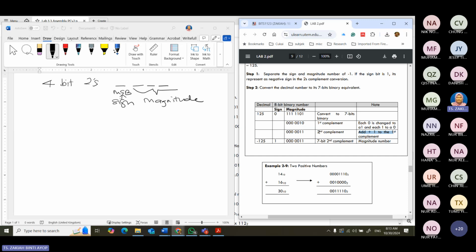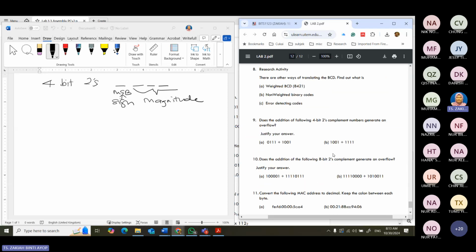That's the step for 2's complement. In actual cases, we usually ask students to do 8-bit 2's complement compared to 4-bit, but this is just to show you what overflow means. So first, remember about sign and magnitude.